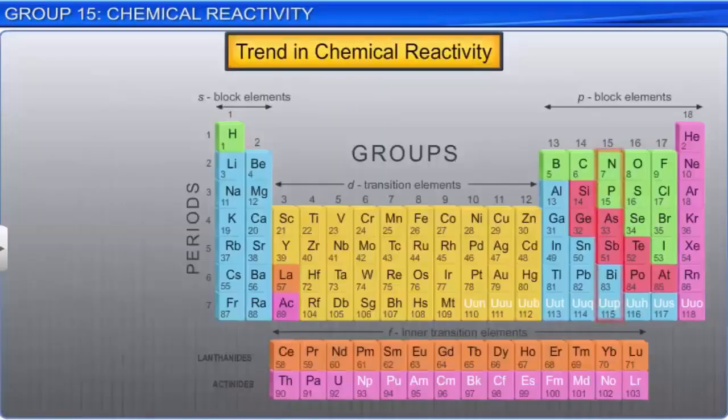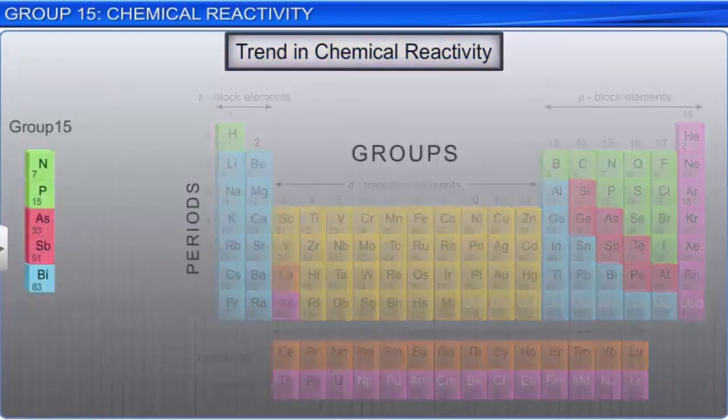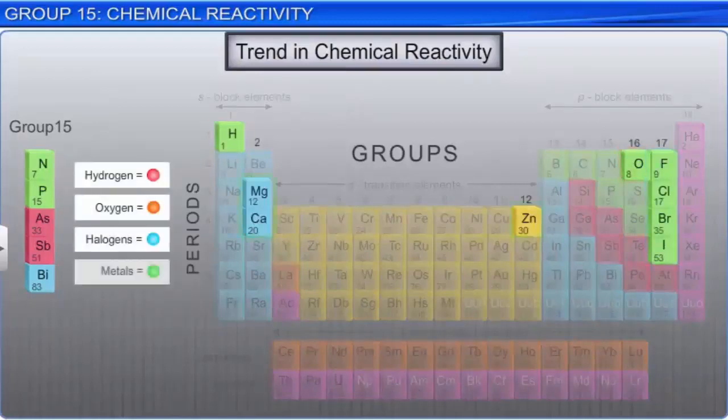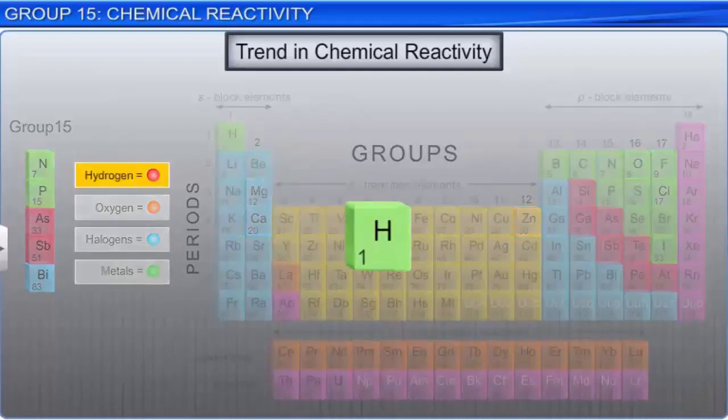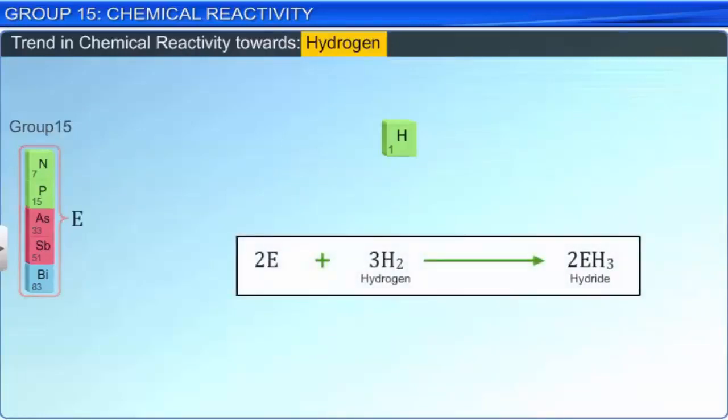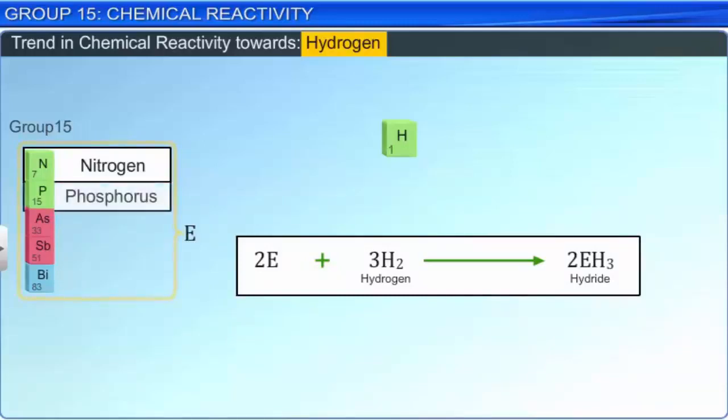Let us look at the trend in the chemical reactivity of group 15 elements towards hydrogen, oxygen, halogens and metals. Let us begin with their reactivity towards hydrogen. All the elements of group 15 form hydrides of the type EH3, where E can be nitrogen, phosphorus, arsenic, antimony or bismuth.